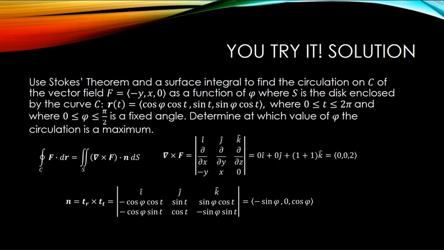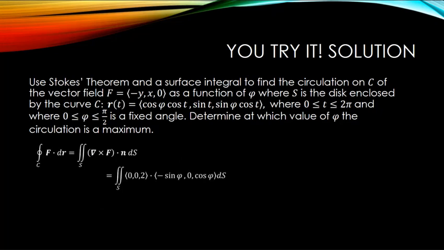The second row is populated with the components for t sub r, which are cosine phi cosine t, sine phi cosine t, and 0. And t sub t is the third row. Those components are negative r cosine phi sine t, negative r sine phi sine t, and 0. When I compute that determinant, I get a vector with components 0, 0, and r cosine phi.